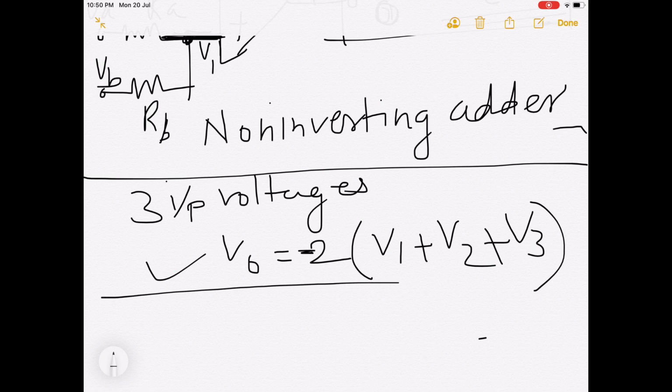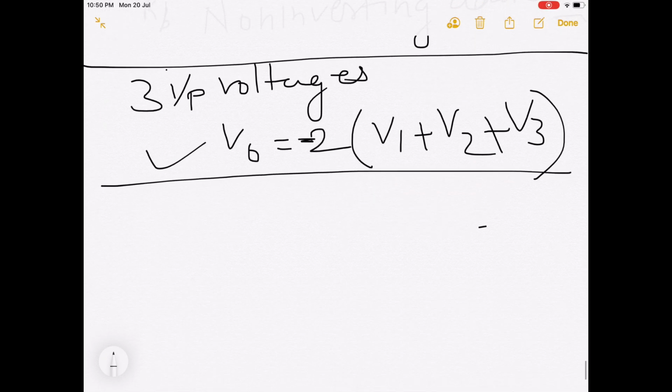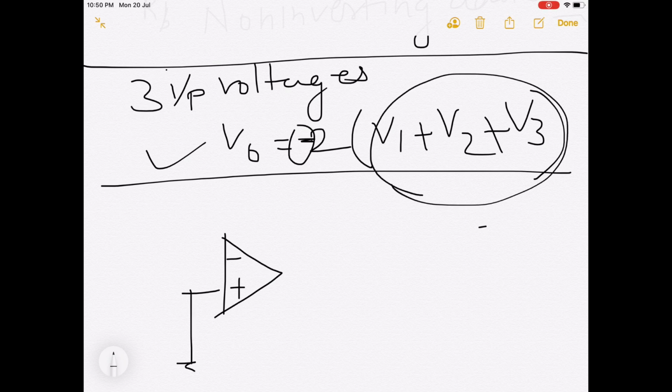So for solving this type of sums, you have to first draw circuit diagram. You should know, as negative sign is there, which adder is this? That is inverting adder. So first of all, you have to draw inverting adder. How many inputs are there? 3 inputs are there.